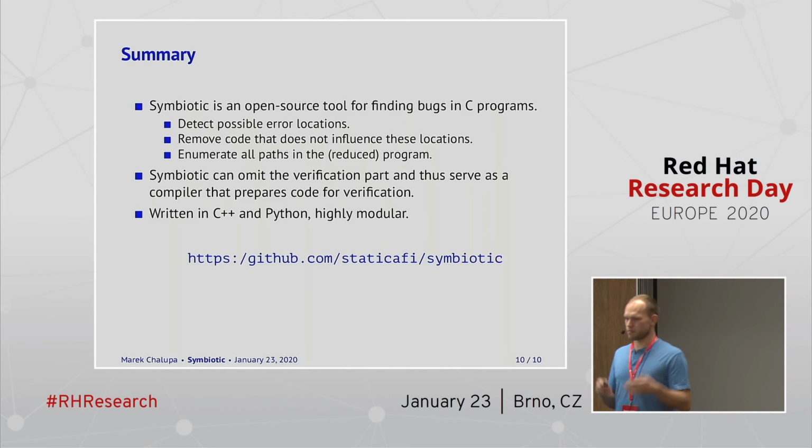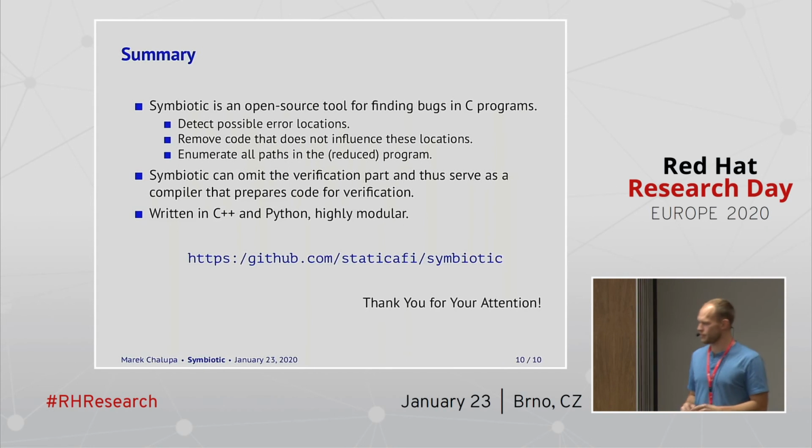And it is highly modular, so you can take any part of it and plug it into your project if you want. And that's, I think, all for me. Thank you.